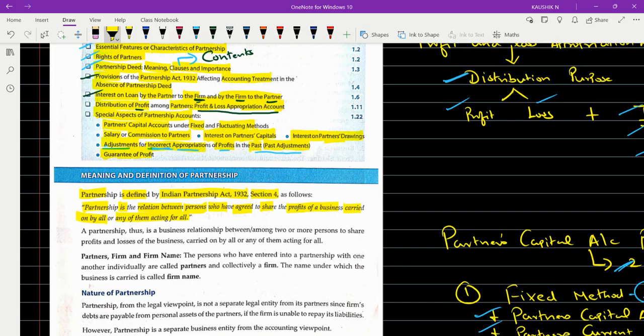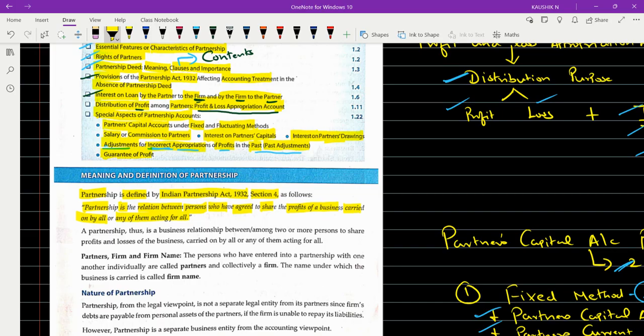So in the second example, as you could see, C is acting for the remaining two persons, A and B. So in that category, it comes as carried on by any of them acting for all. So the definition stands very simple and powerful.